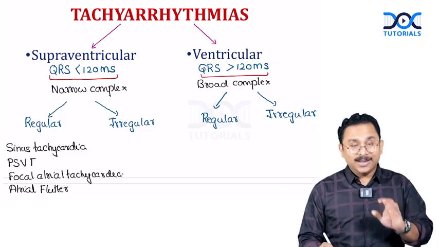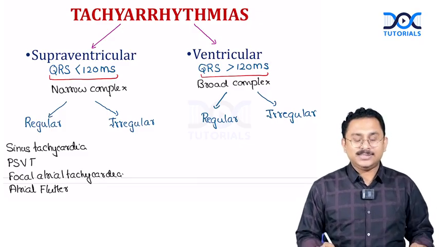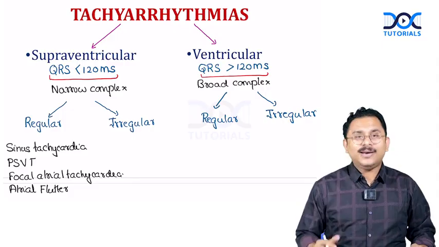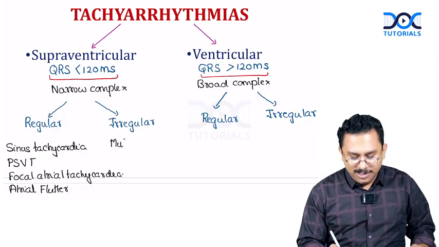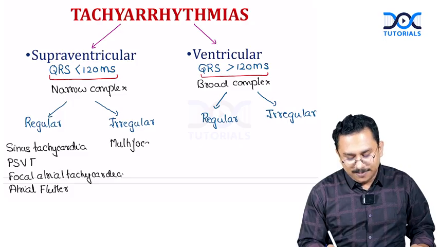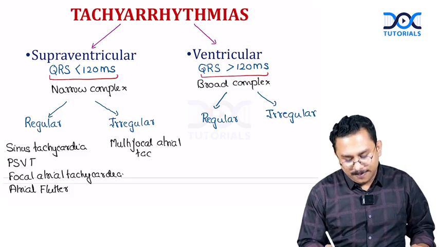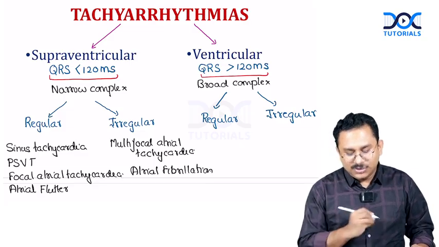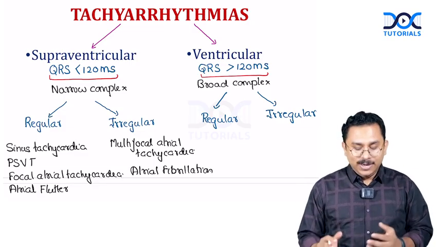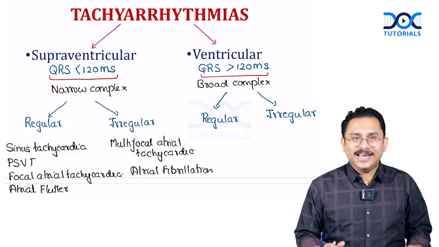So these are the regular narrow complex tachycardias. Whereas the irregular narrow complex tachycardias include multifocal atrial tachycardia and atrial fibrillation. Okay. So let's try to see them one by one, the narrow complex tachyarrhythmias.